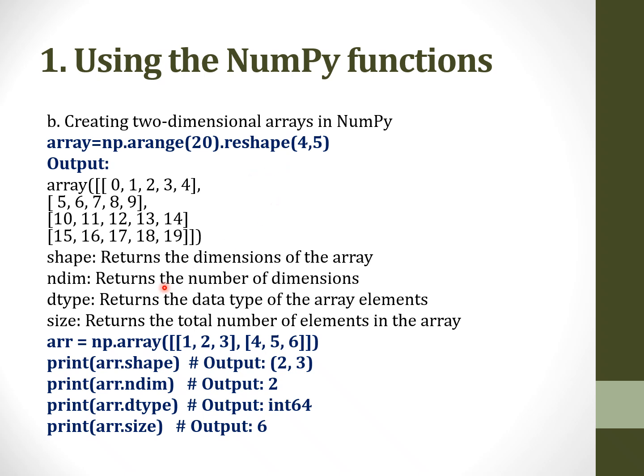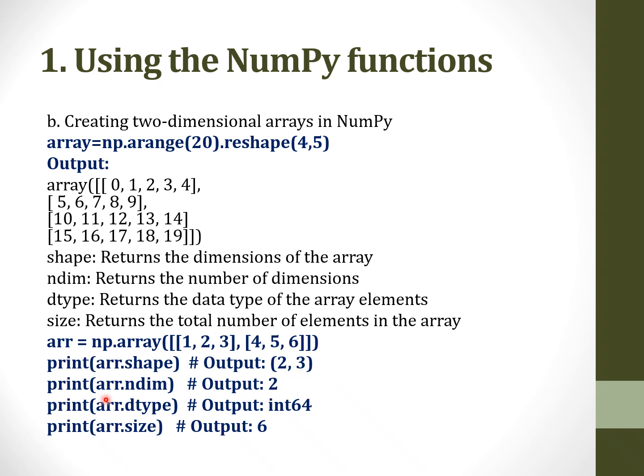Here are some important things we need to notice. If we give arr.shape, this will return the dimension of the array which we have created. See here, in this case, arr equal to np.array, this is the array we have created. If we want to know the dimension, by giving arr.shape, it will output 2 rows and 3 columns.